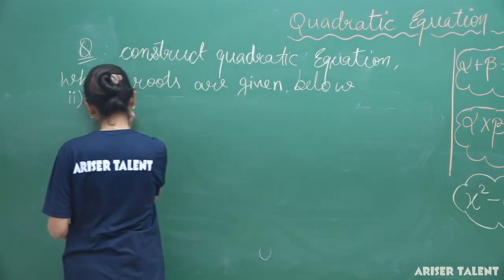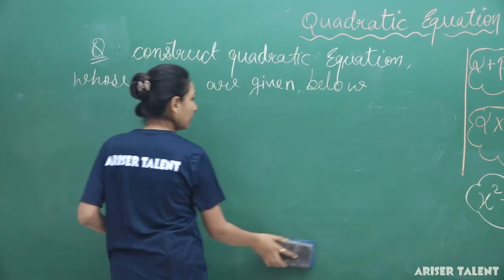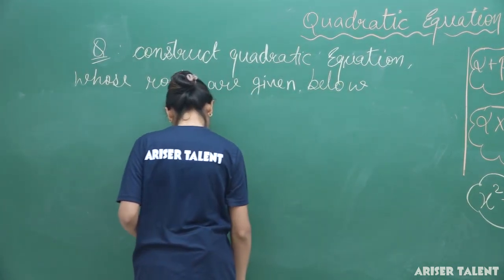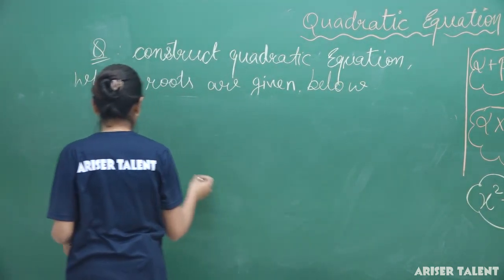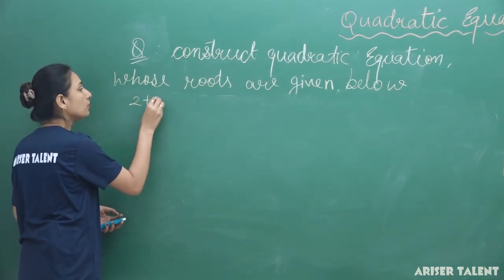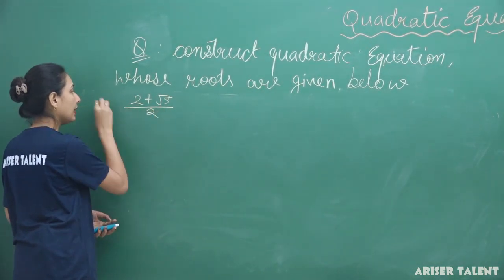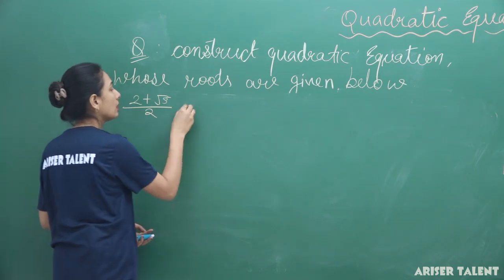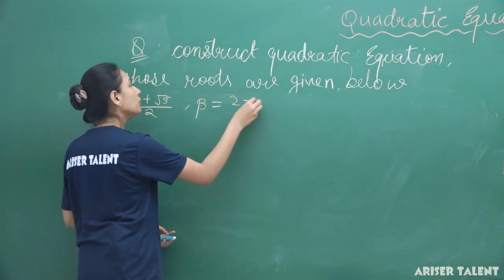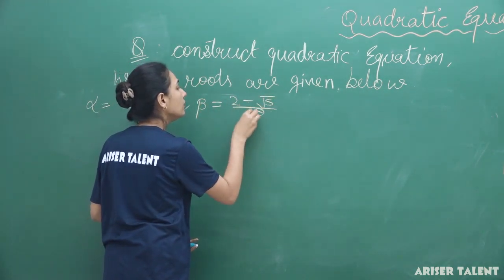Now, another example. The third of that type is: the value of alpha is 2 plus root 5 by 2, and beta is 2 minus root 5 by 2.